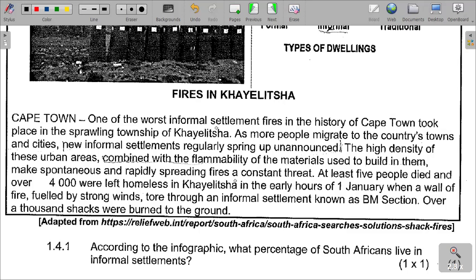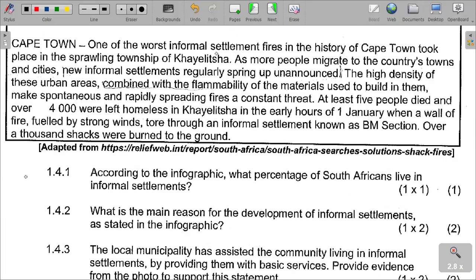At least 5 people died and over 4,000 were left homeless in Khayelitsha. They were left without accommodation, without a roof on top of them. In the early hours of January, a fire fueled by strong winds tore through an informal settlement known as BM section, and over 1,000 shacks were burnt to the ground.